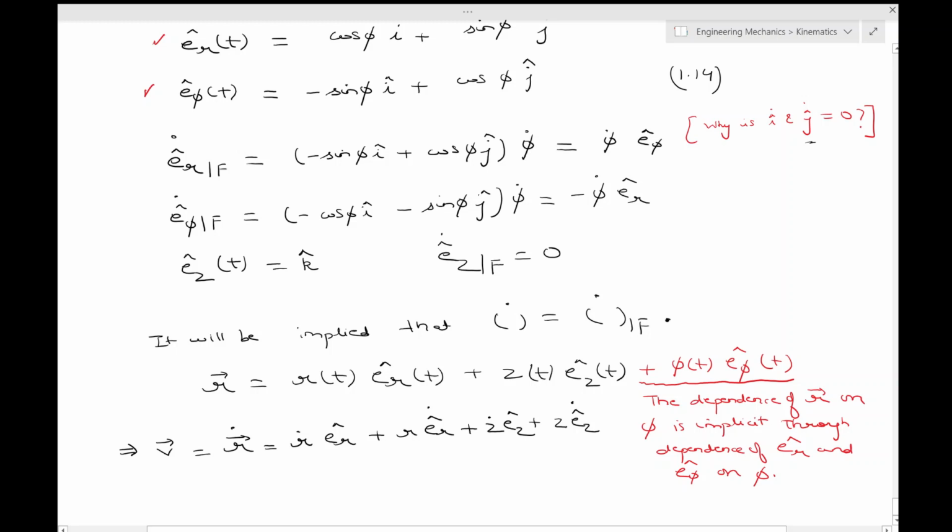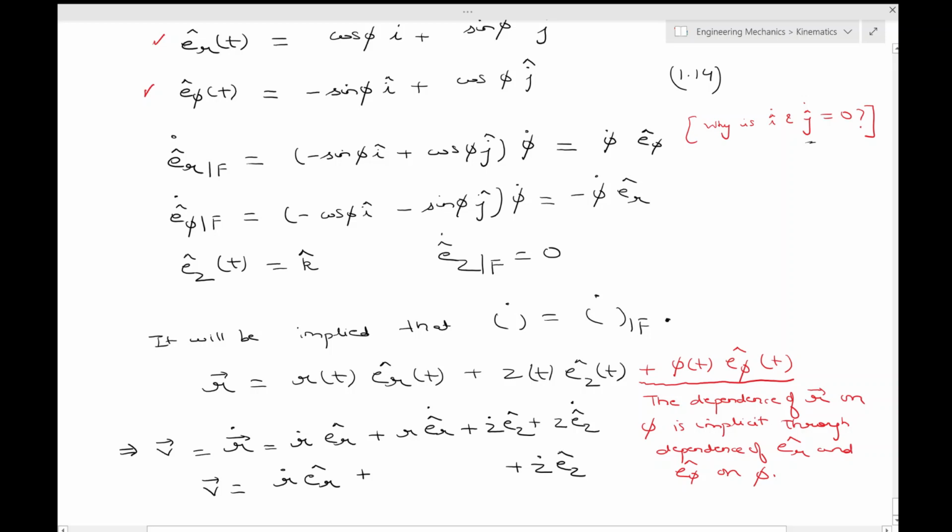Now this particular term can be written as r dot er hat, plus, let me just write this part first.